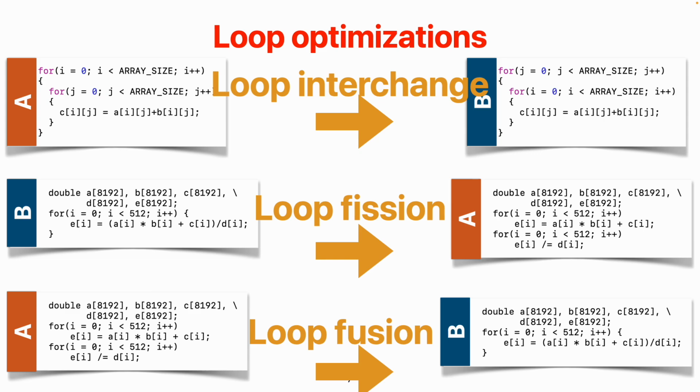Loop fission is for the case where we are dealing with a processor without sufficient associativity. However, if you are on an Intel processor that has a lot of associativity, you probably want to do loop fusion to reduce the total number of memory accesses or instruction count.